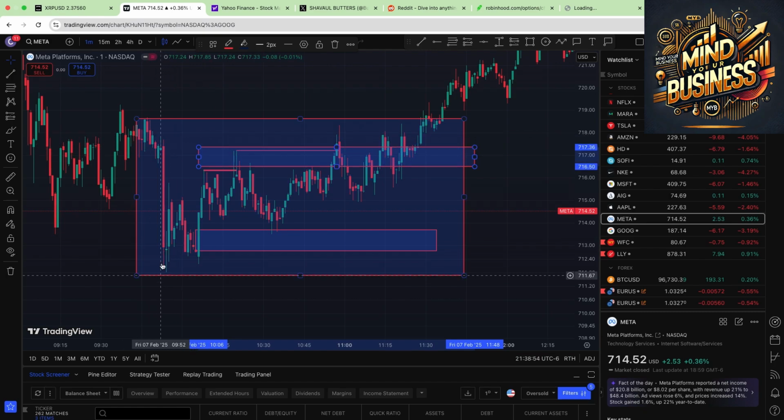And the second criteria is the imbalance. It caused a gap. The candlestick right here leaves a gap, and the other candlestick opened right here and closed right here, leaving a gap. So now that we have the second criteria, price has not yet mitigated. That lets us know we're all set. And it also led to a break of structure right here.